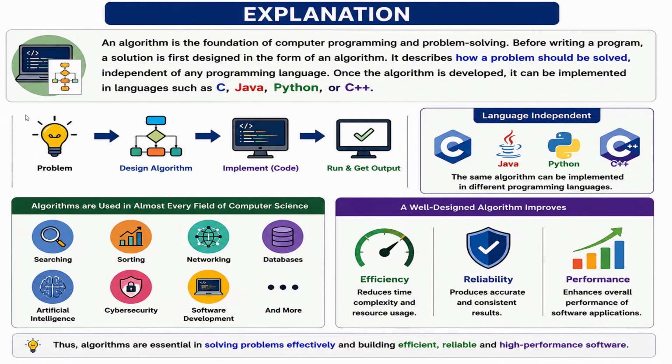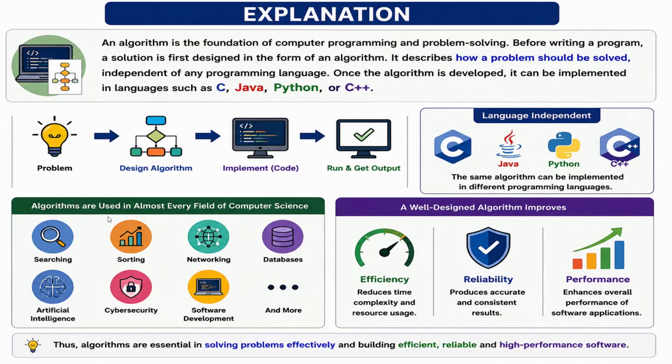For example, this is a problem statement, and we write one algorithm. This algorithm we can implement in any programming language, C, Java, Python and C++, based on the user requirement and the application. So it is language independent.